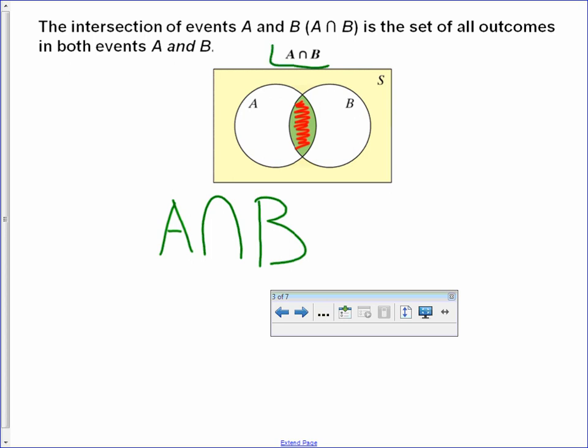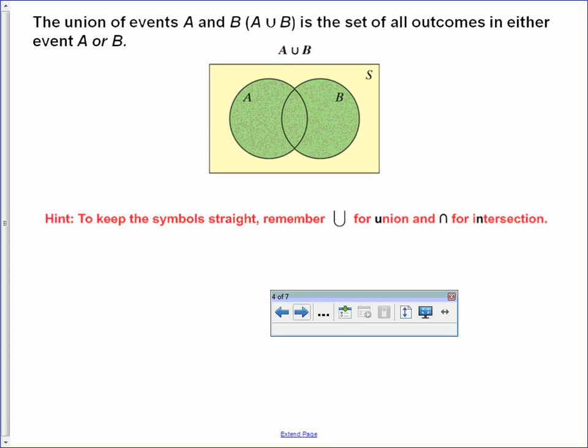You can see it's right here. If you see this other symbol, that means union. So the dark green area here is the union of A and B. It's all of A and B. And so ∩ is for intersection, ∪ is for union.